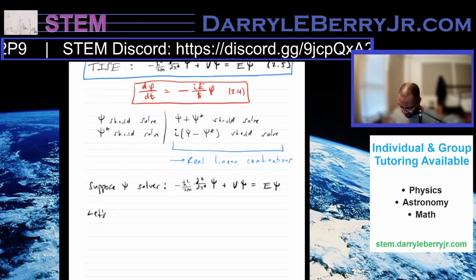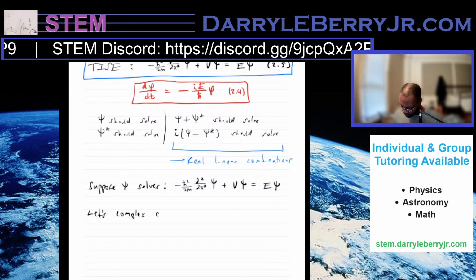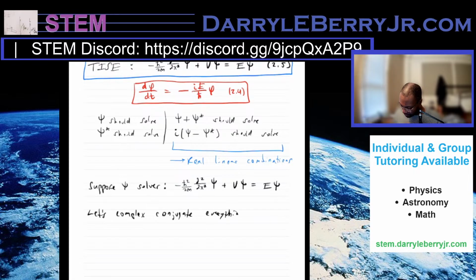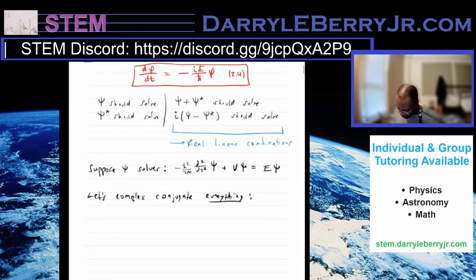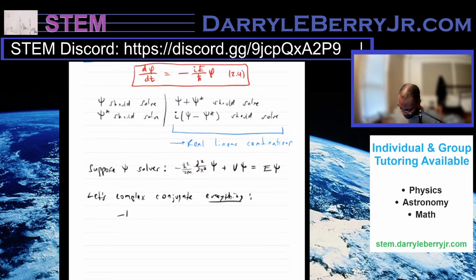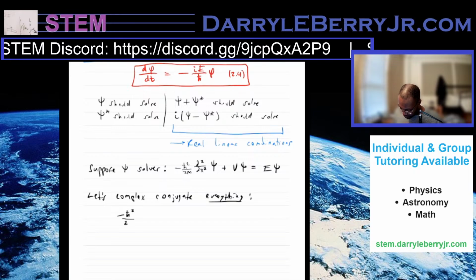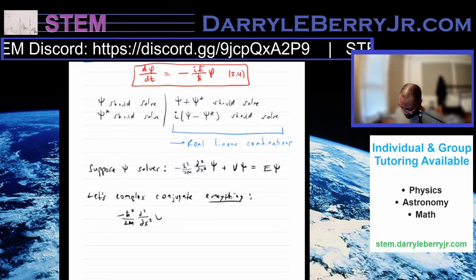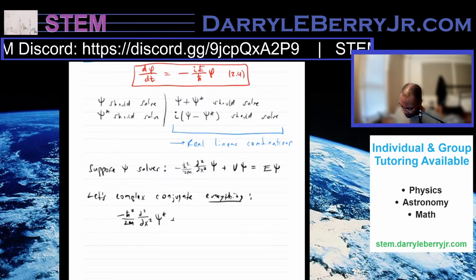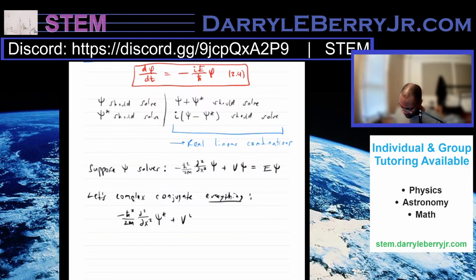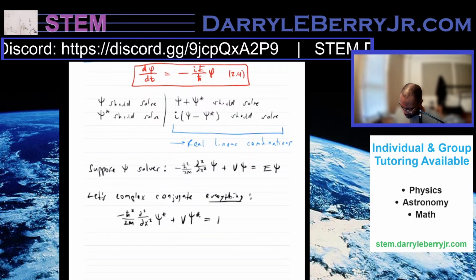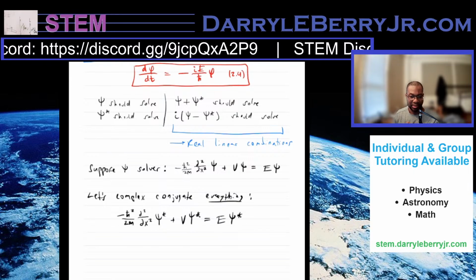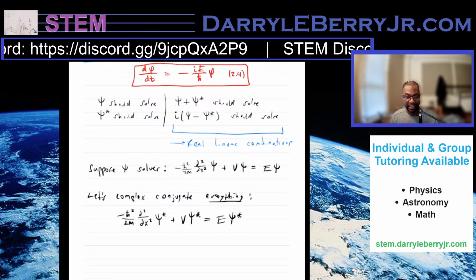So let's complex conjugate everything. And we get negative h bar squared over 2m, partial derivative of x squared, psi complex conjugate, plus v complex conjugate equals e complex conjugate. And this is a time independent Schrodinger equation for psi.